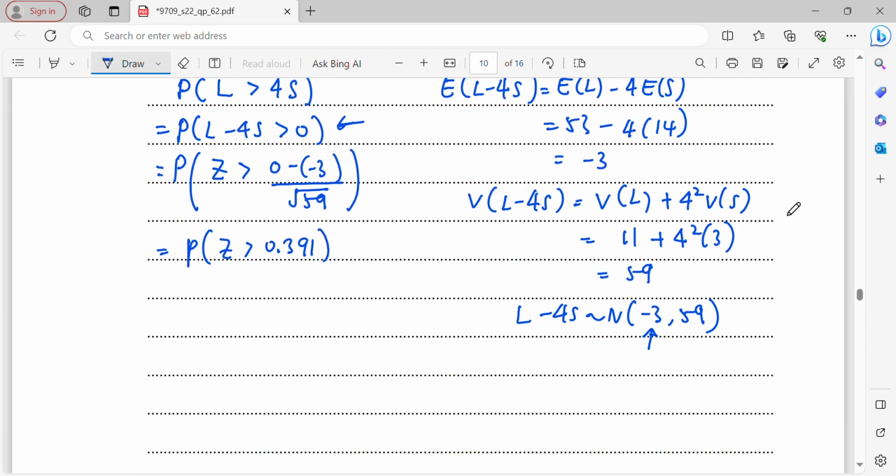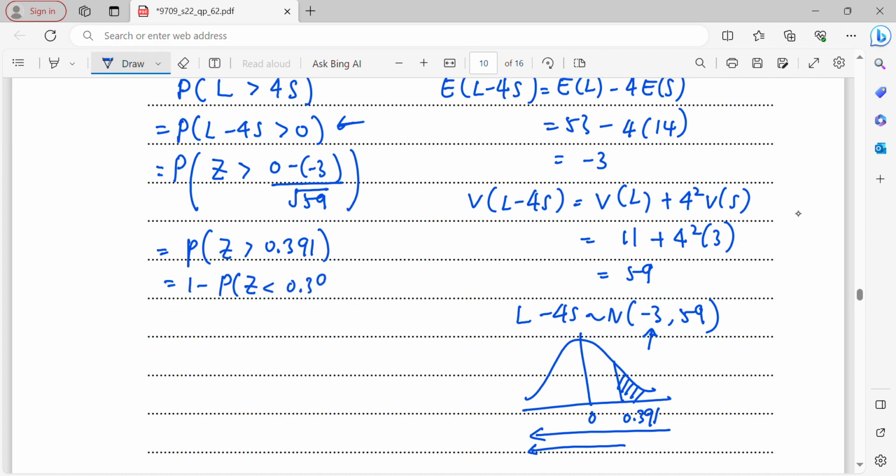So when it is greater than 0.391, now I need to sketch a normal graph. Here is 0. Let's say this is 0.391. Now it's greater than, that means the region towards the right side. So obviously this region is 1 minus all the region before that. So it will be 1 minus P Z less than 0.391.